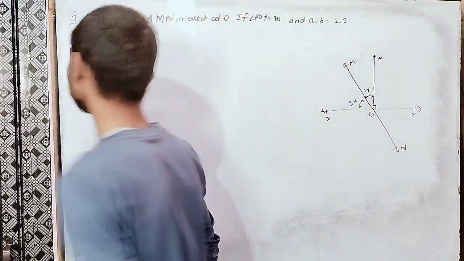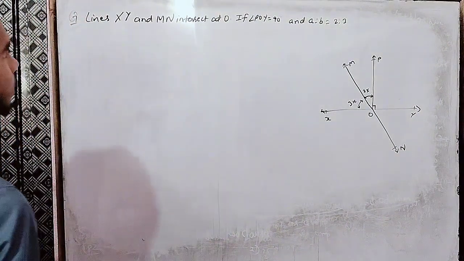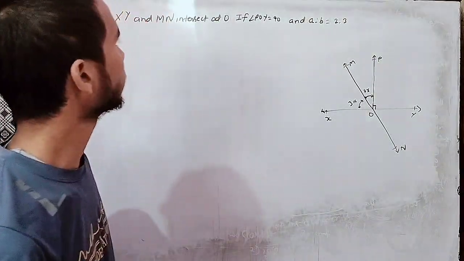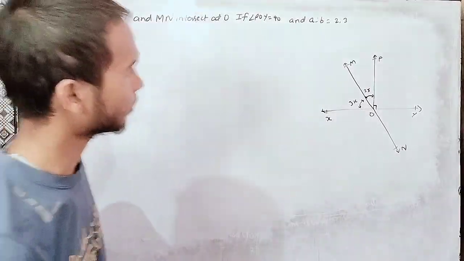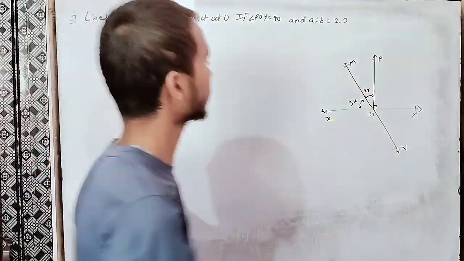We have two lines, XY and AM, and both lines intersect at O. If angle POY is 90 degrees, this is a hint of 90 degrees.